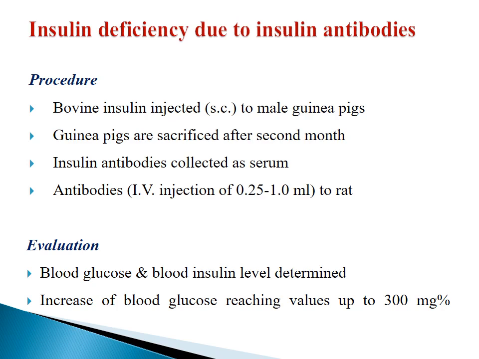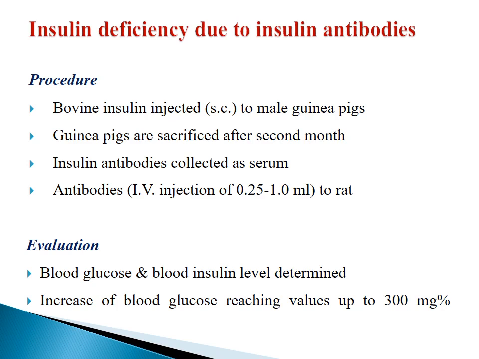For production of insulin antibodies, bovine insulin is dissolved in acidified water of pH 3 and is incorporated in water oil emulsion. 1 mg of this insulin is injected in guinea pigs in divided doses by subcutaneous route at monthly interval. Guinea pigs are sacrificed by cardiac puncture after the second month.